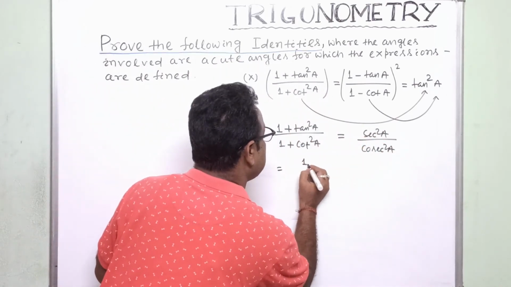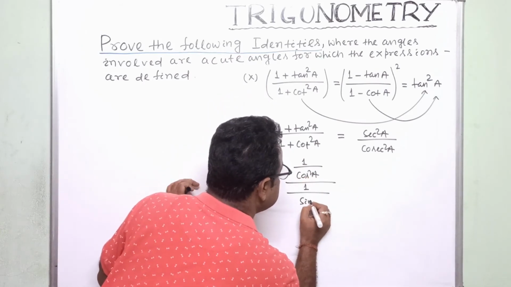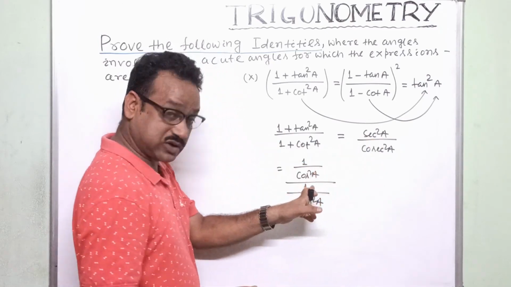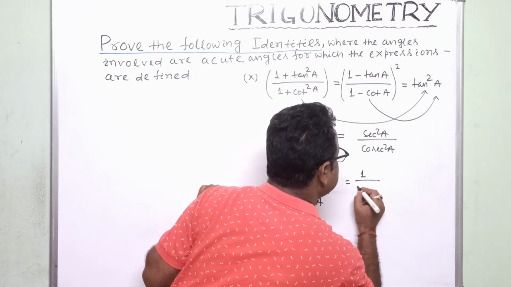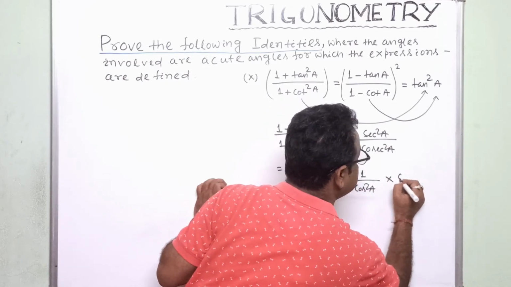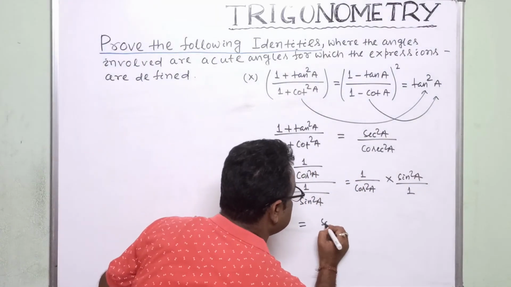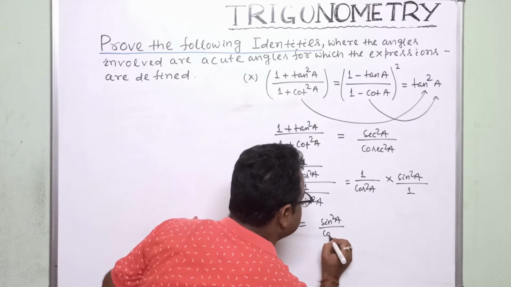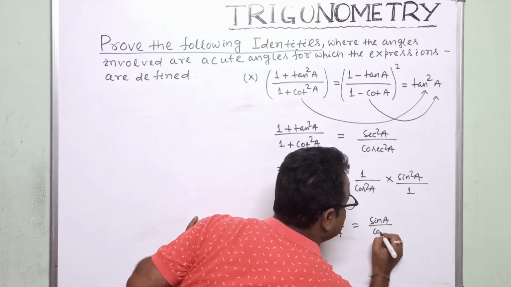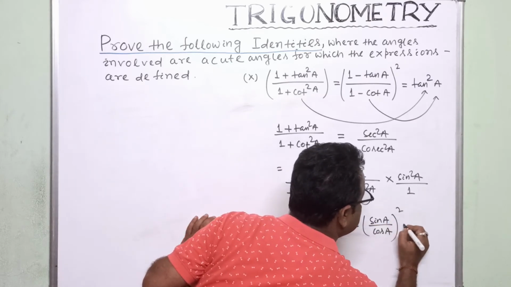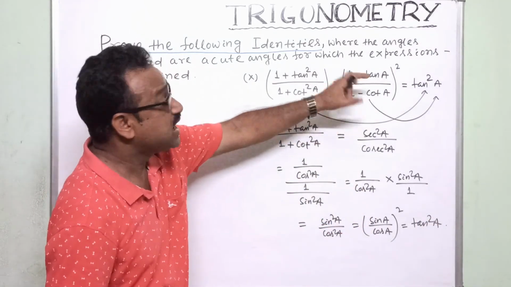That is equal to your 1 by cos square A by 1 by sin square A, because sec square A is equal to 1 by cos square A and cosec square A is equal to 1 by sin square A. That is equal to 1 by cos square A into sin square A by 1. So that is equal to your sin square A by cos square A. Directly we can write (sin A by cos A) whole square is equal to tan square A.